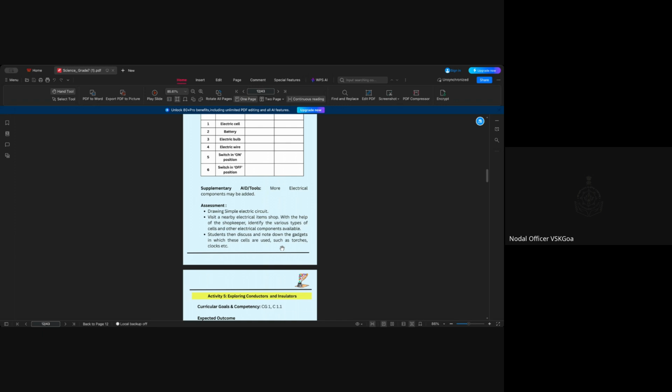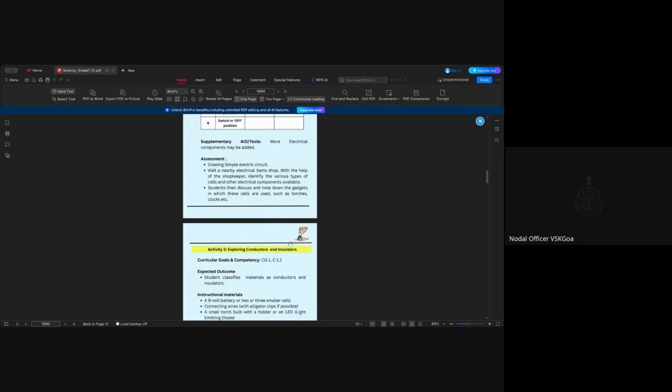So that they know that the components may be of a similar type or similar nomenclature, but they sometimes differ in specification and also in voltage, which is very important when it comes to electrical components. So that's how this fourth activity is all about.